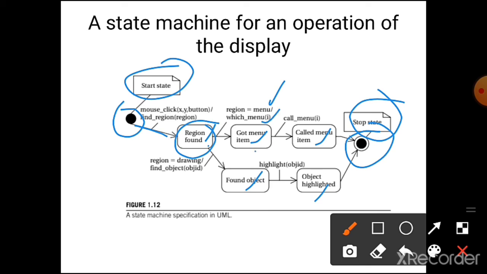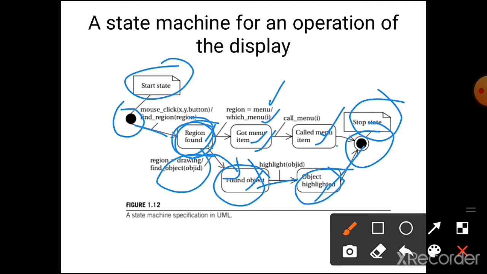If we get that menu, then we call the menu, then it executes the called menu, then stops. If the region is a drawing, then we need to find the object to draw. When we find that object, we highlight the object, and then stop the display.